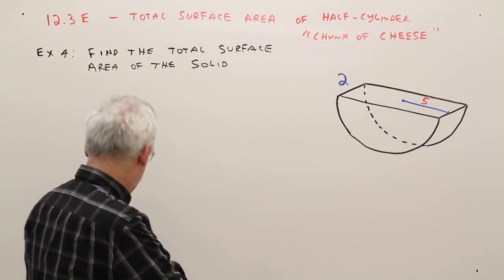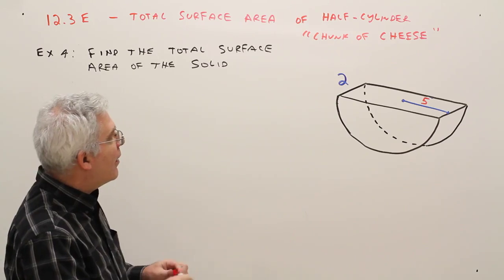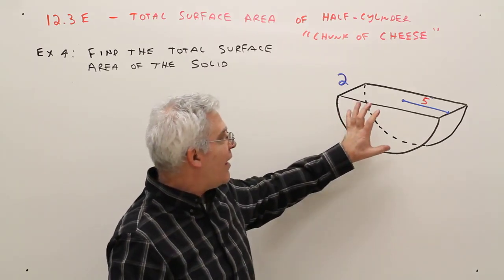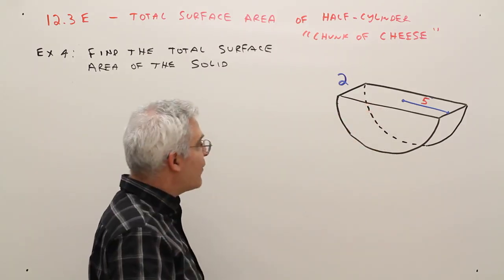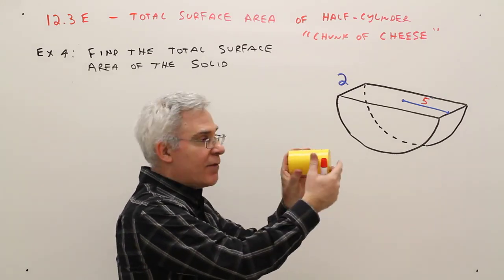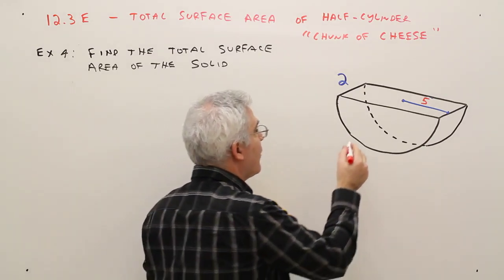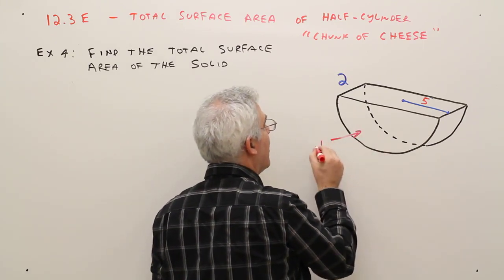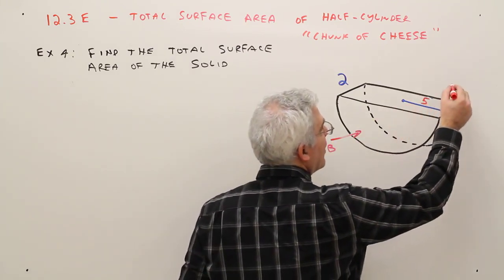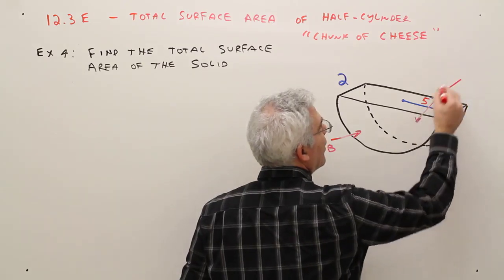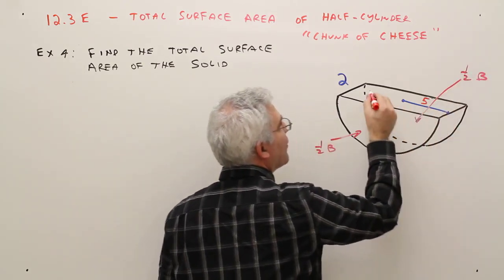All right, so let's see what we've got. As far as the cylinder, this would be a base, and this would be a base, and this would be the lateral. It's important to understand that. So this will be 1/2 of a base, and then on the other side, I'll have 1/2 of a base.